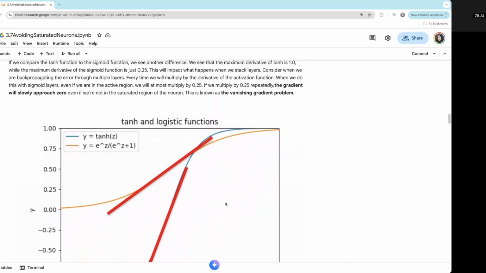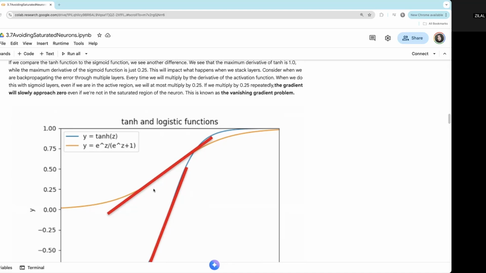Consider when we are back propagating the error through multiple layers. Every time we will multiply by the derivative of the activation function. When we do this with sigmoid layers, even if we are in the active region, which has maximum value 0.25, every time we multiply by the derivative of the activation function, it will be closer to zero.